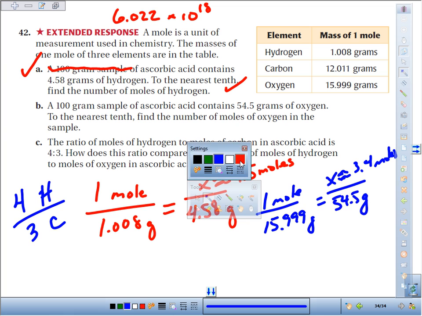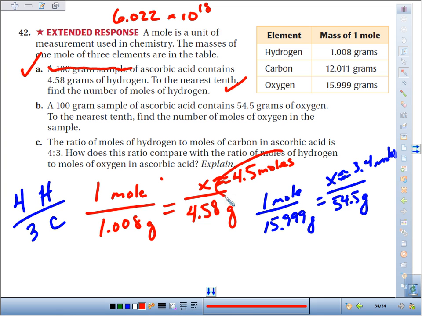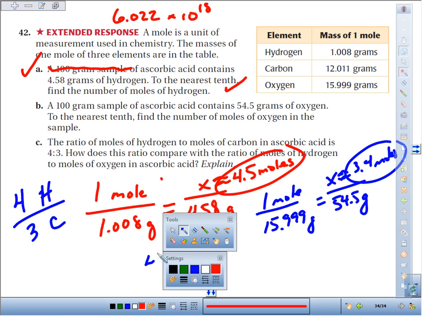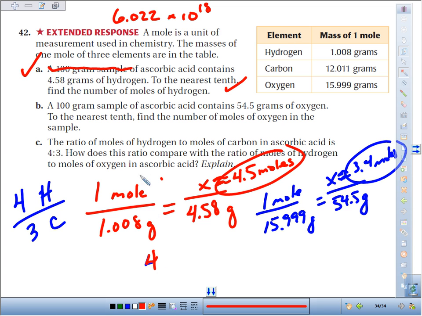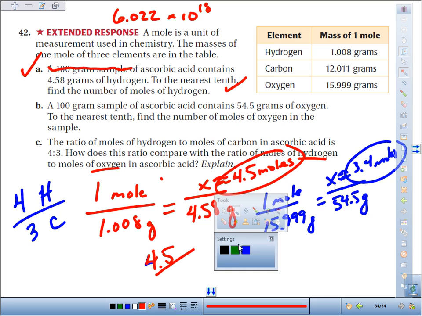Well, if we look at the ratio in our sample, remember we had ascorbic acid. It had 4.5 moles of hydrogen. It had 3.4 moles of oxygen. So what is that ratio? Remember we're looking at hydrogen to oxygen. We've got 4.5 moles of hydrogen to 3.4 moles of oxygen.